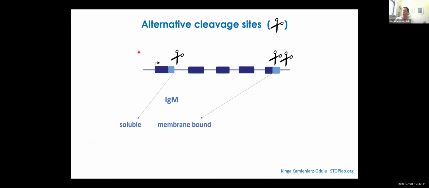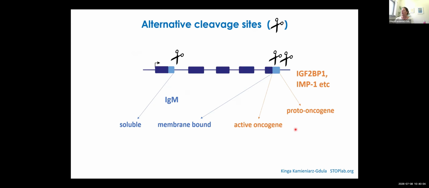A classic example is the heavy chain of immunoglobulin IgM, which can have either a soluble or membrane-bound form, depending on which cleavage site is used. But unfortunately, using different cleavage sites can also lead to disease.